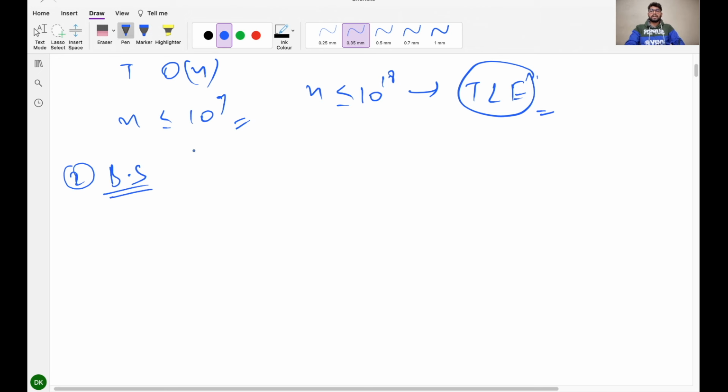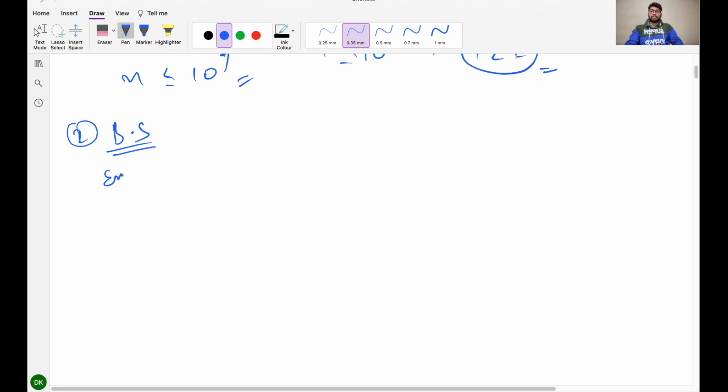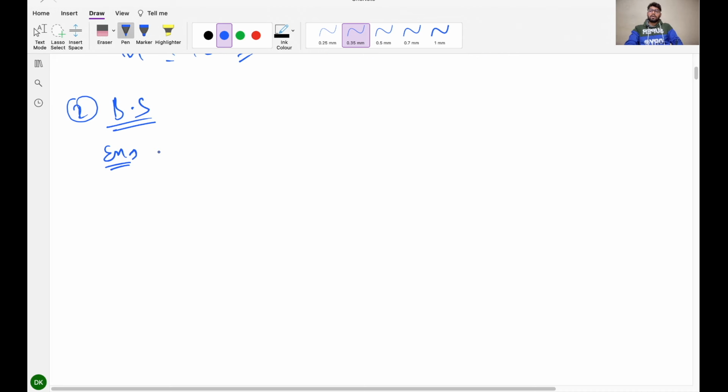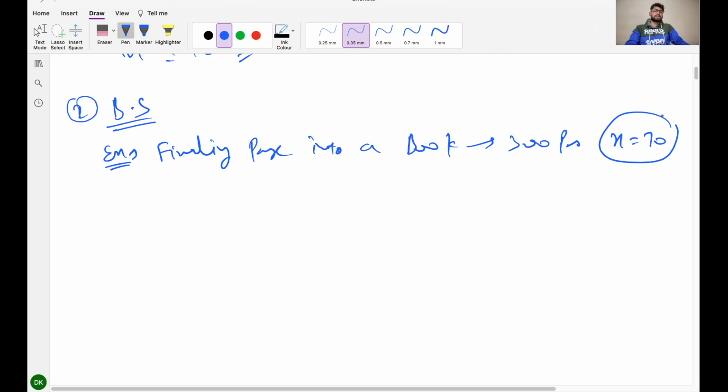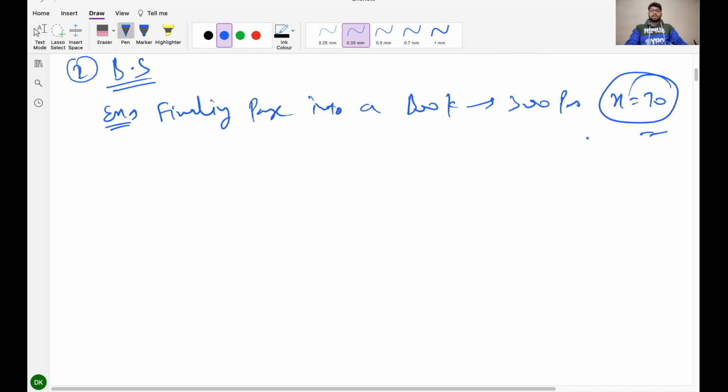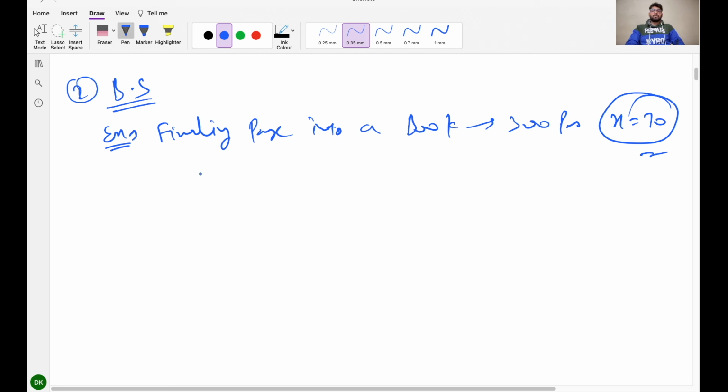So for understanding binary search, I have an example, that is finding a page in a book. Let's say I have a book with 300 pages and I have to find page number 70. So what are we doing practically in step 1?